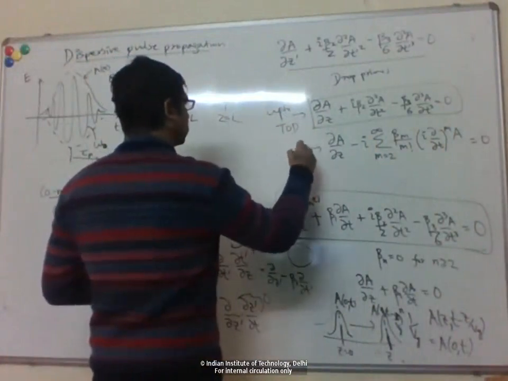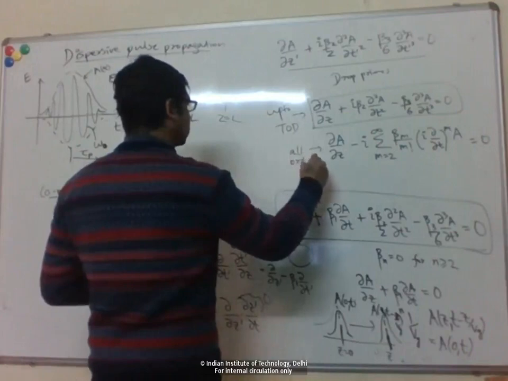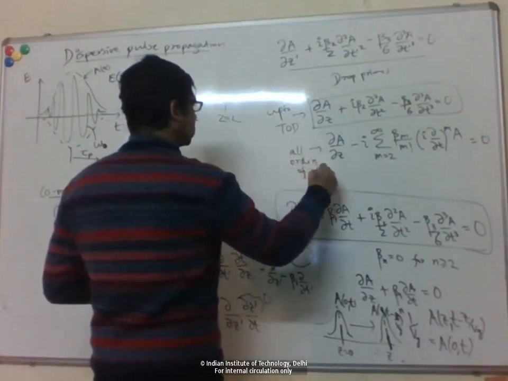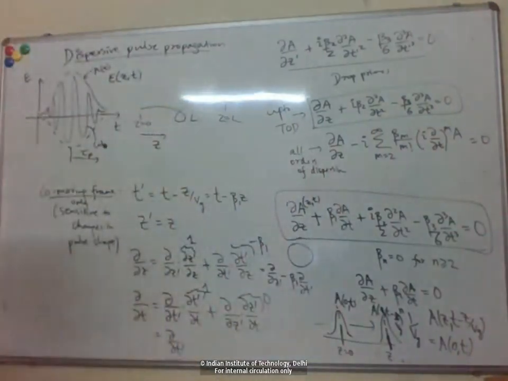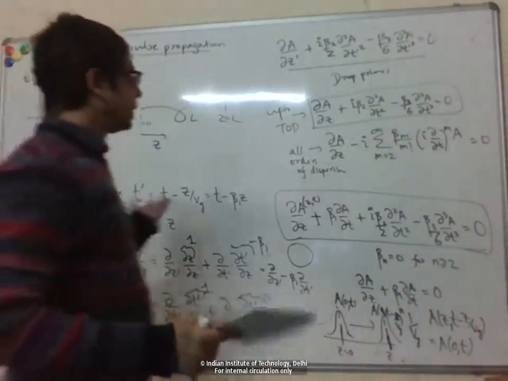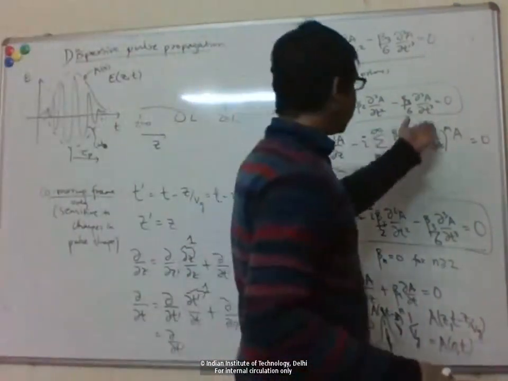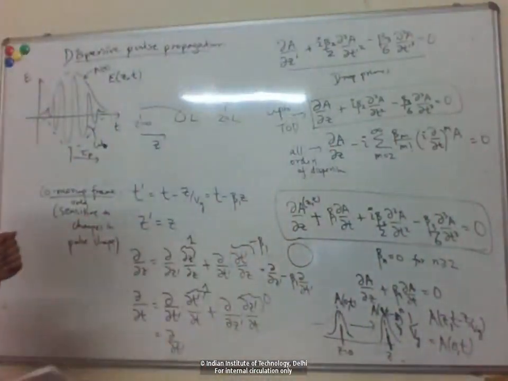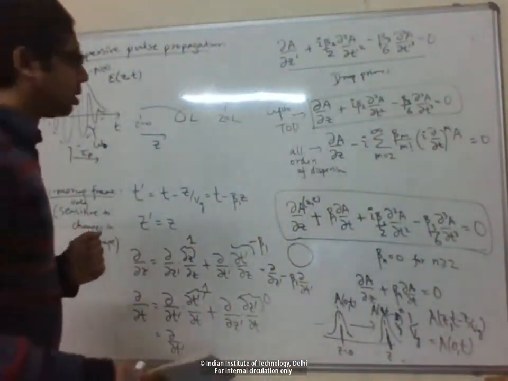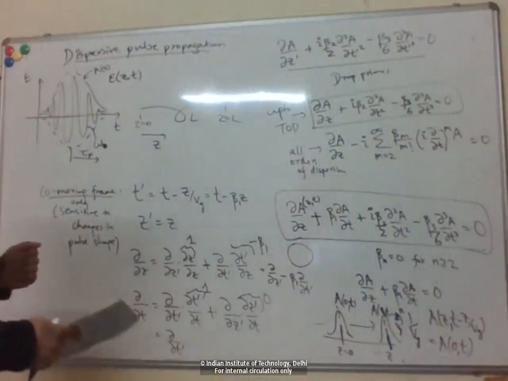This is all orders of dispersion. So you can see the mth order dispersion is giving me the mth derivative of the pulse.